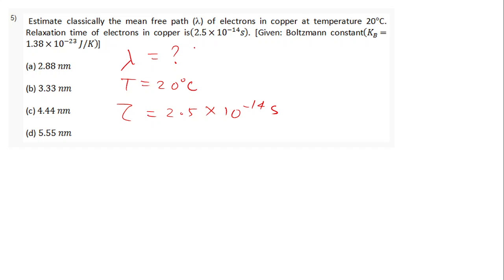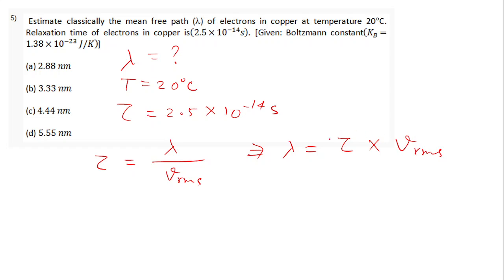If you recall the formula, relaxation time is the distance covered, which is mean free path, divided by the root mean square velocity. So we will calculate VRMS and then we will get our mean free path. To calculate mean free path, it will be tau, that is relaxation time, multiplied by RMS velocity.